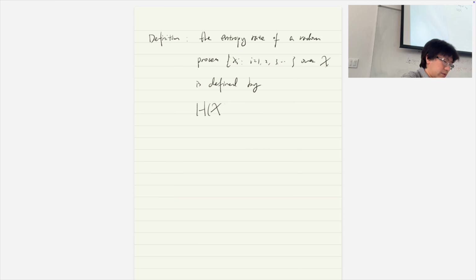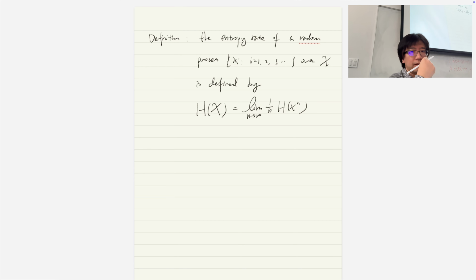Let's write it down. The entropy rate of a random process X_i, i from 1, 2, 3, and so on, over the alphabet X, is defined by this, and we use the notation calligraphic X. This is the definition of the entropy rate.